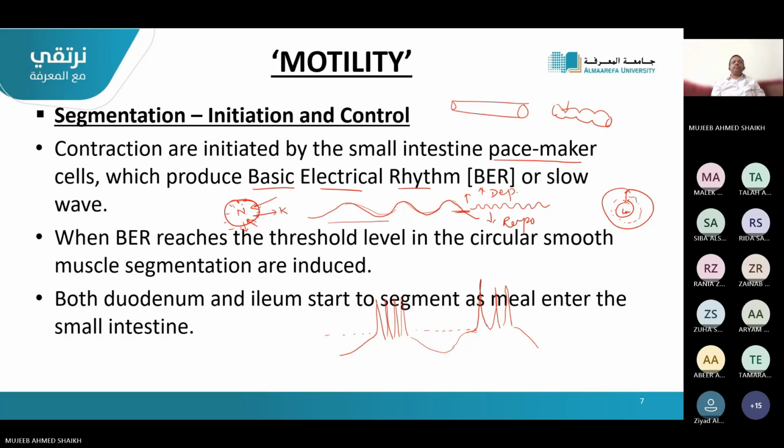Both the duodenum and ileum start to segment as a meal enters the small intestine.